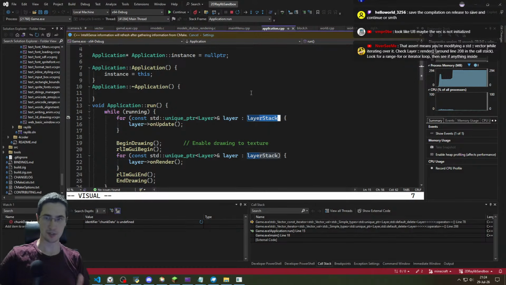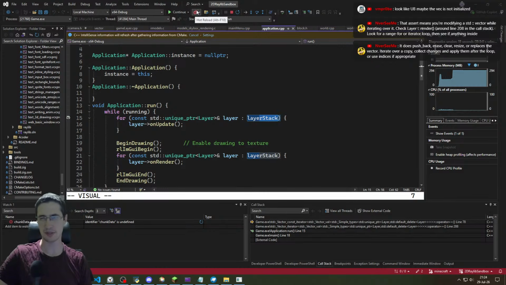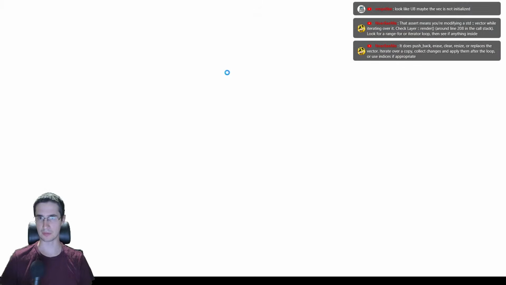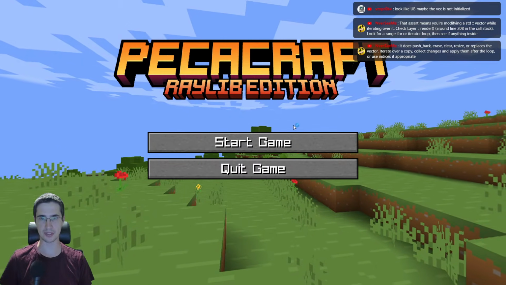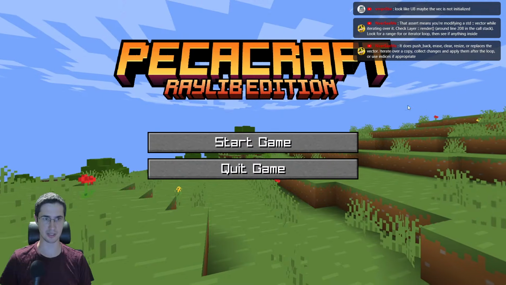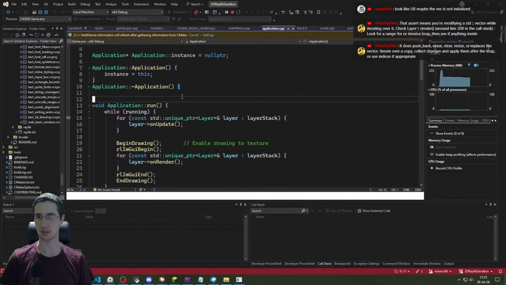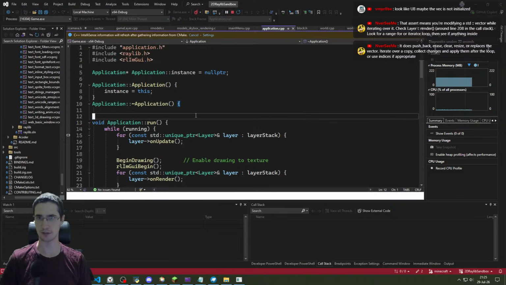I need to fix this problem in order to try hot reloading in debug, or maybe, okay, we can still try it, chat, because it doesn't crash instantly. Let's try it before the crash here. Let's change the camera rotation in the main menu and see if we have hot reloading, because it will be a lot faster. If not, we'll just go back to release, and off stream I'll fix the bug.